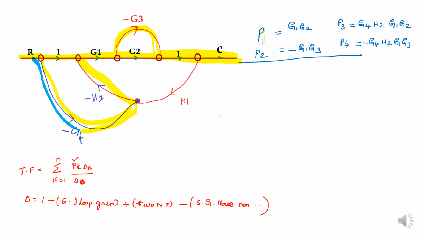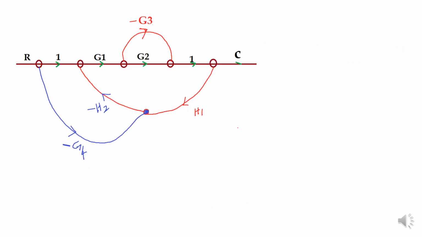After finishing the forward paths, find out the number of loops. So the number of loops, the first one, loop number 1. What is loop number 1? We have to mark loop number 1.